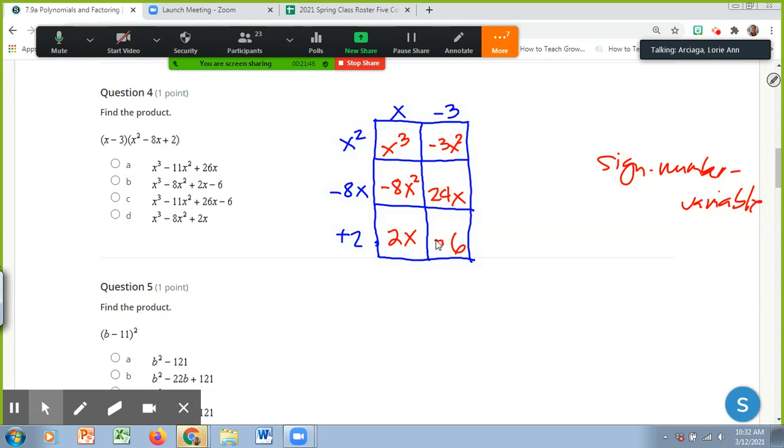Okay, so now can you guys help me find the correct answer? Remember, if they have the same variables and exponents, you can combine them. Can you help me find the correct answer? A, B, C, or D?